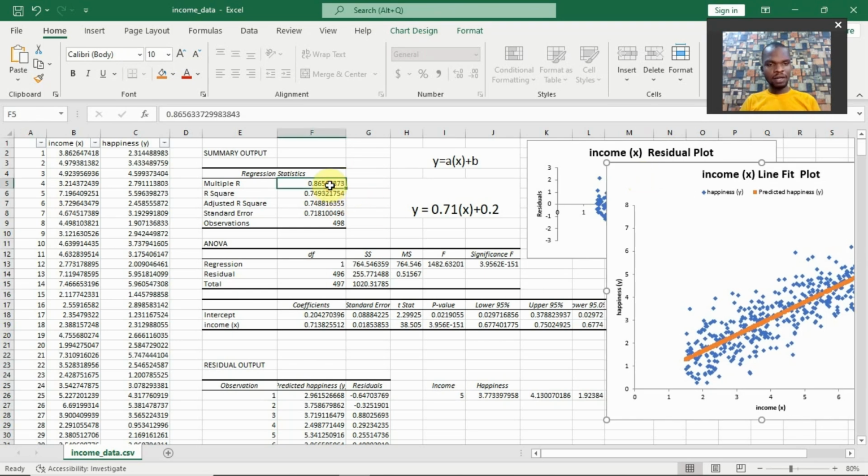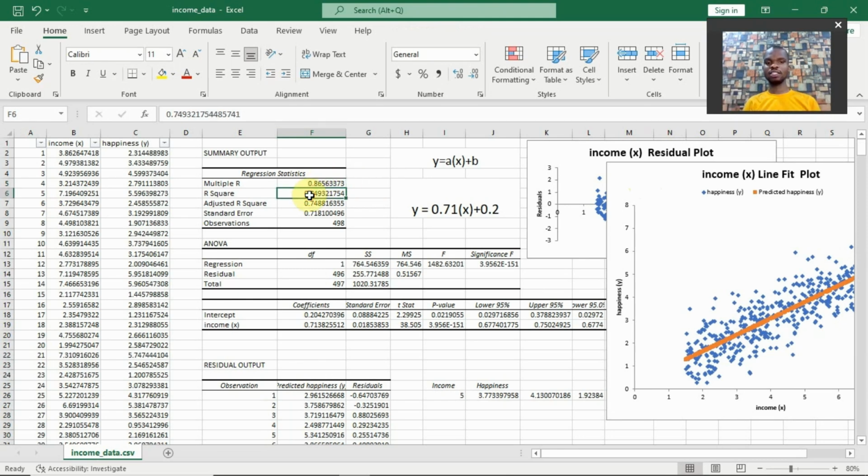Our multiple R tells you about the correlation coefficient. The closer it is to 1, the more strongly related, positively strongly related your two variables are. The closer it is to -1, the more negatively correlated it is. So the increase in one, of course, will mean a decrease in the other.